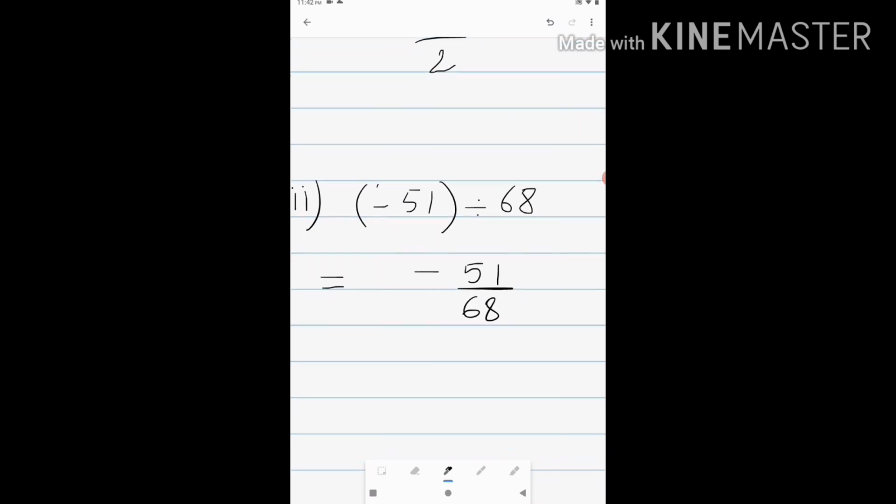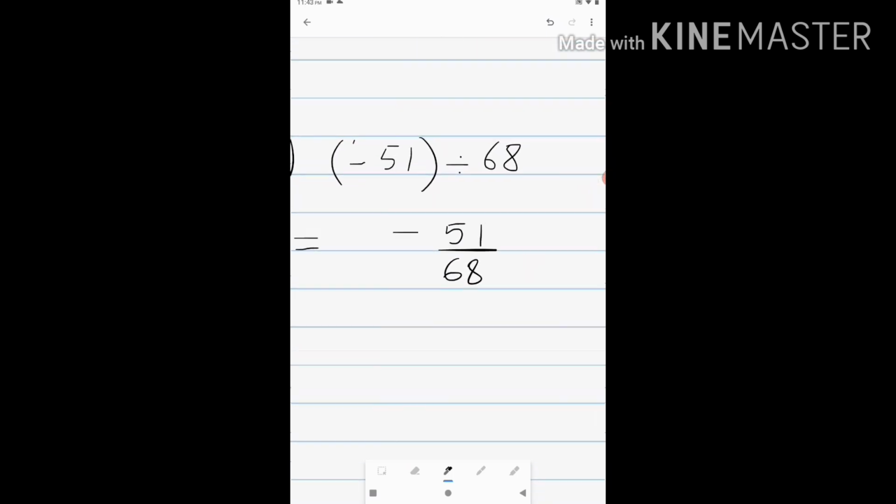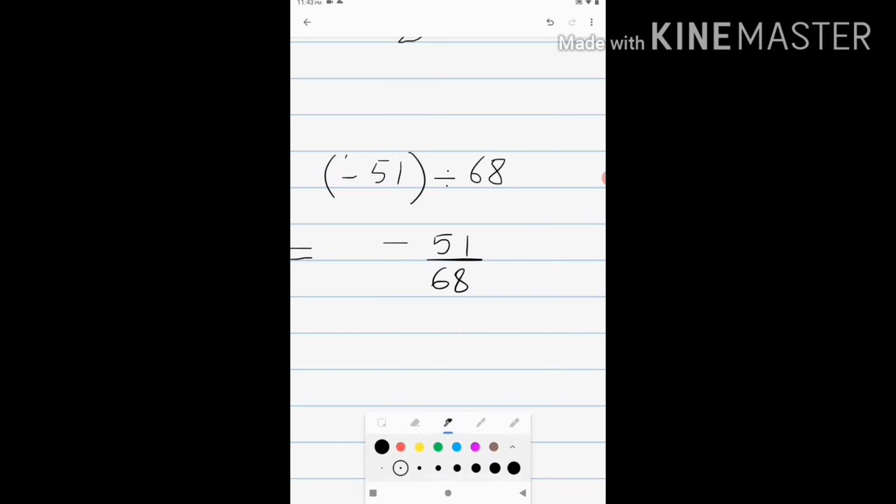You have already done the divisibility test, so by that you will understand. Now this number will directly get cancelled by 17. The common divisor for both these numbers is 17. Both come in 17 times table. Okay, so it will directly be 17 3s are 51 and 17 4s are 68.